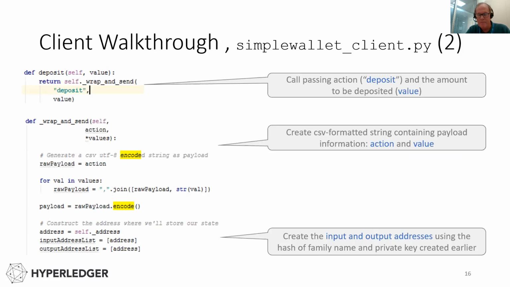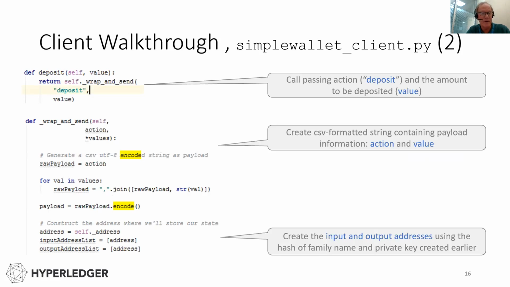And then we also create the input and output addresses of this transaction. Since we're doing a deposit, the input would be the address of the wallet. Since we need to read the old balance, if there is any, then we also need to write to that same address.